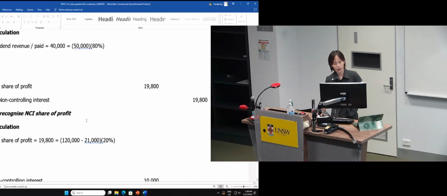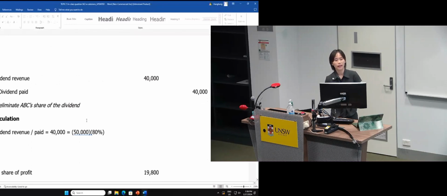Finally, we go back to the dividend. Recall the subsidiary paid a 50,000 dividend this year. 80% of that was received and recognized by the parent, and that is intragroup dividend revenue. The dividend revenue in the parent's record, paid by the subsidiary, is required to be eliminated.